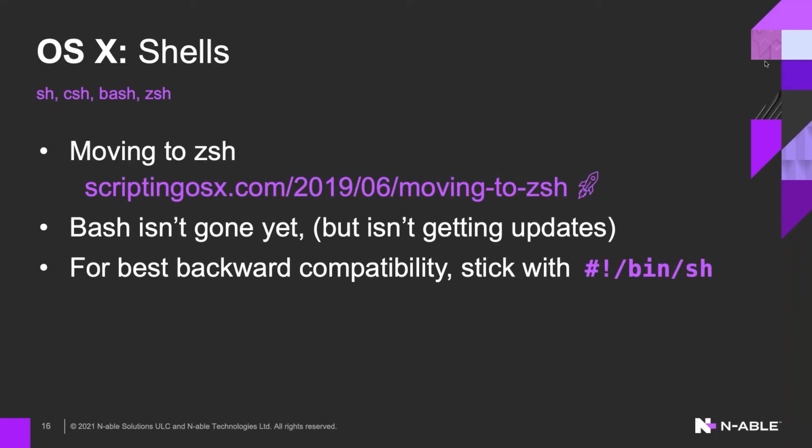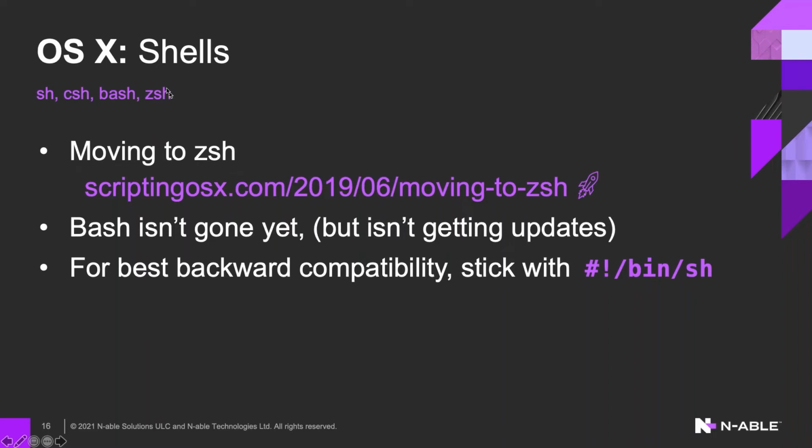So with that, we have a variety of different shell options to build our scripts in. When I talk about shell scripting, I'll also go back and forth between referring to it as bash scripting. Bash was the default shell environment for many years, and now Apple has recently made ZSH the new default shell.